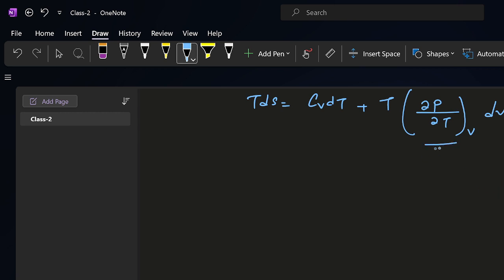So this is our del P del T at V, which we have to transform into some other form so that we get to the final expression in terms of all these Kt and alpha, these things. So you have to use the law of partial derivatives.